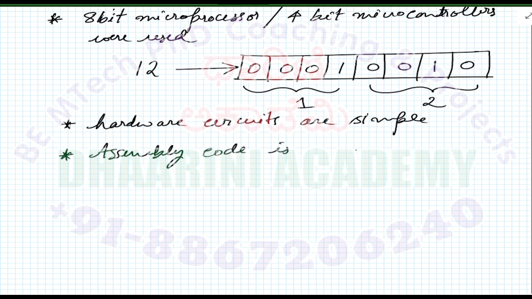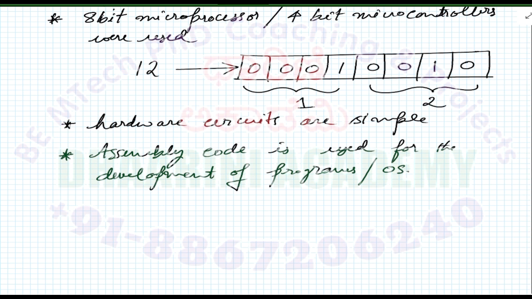Assembly code is used for the development of programs, or maybe the embedded OS. Then let's go for some simple examples which belong to the first generation.